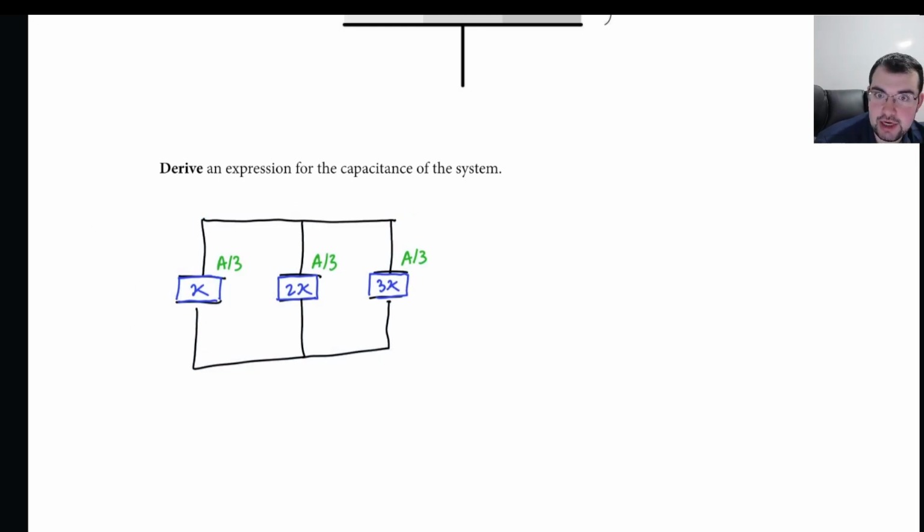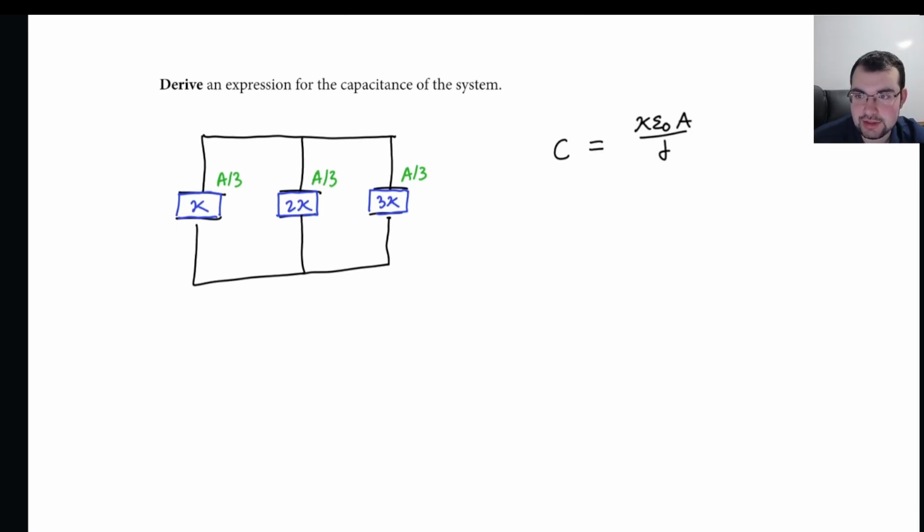So now we just do parallel capacitance, because we said the capacitance in general is kappa epsilon naught A over D. That's our expression for just the capacitance of two plates.